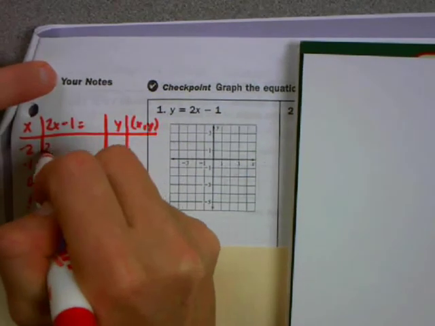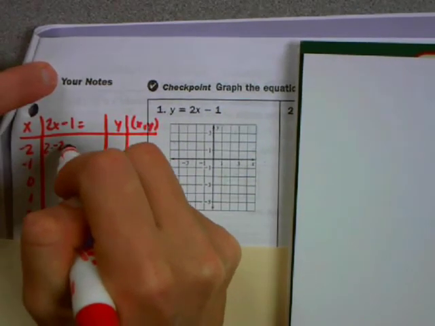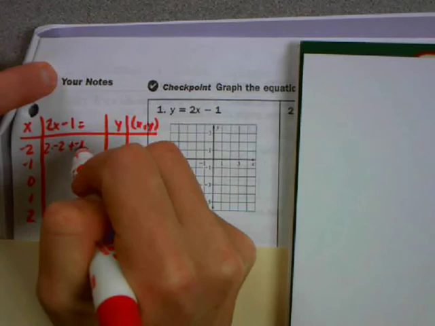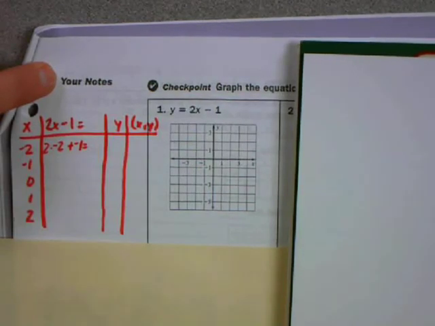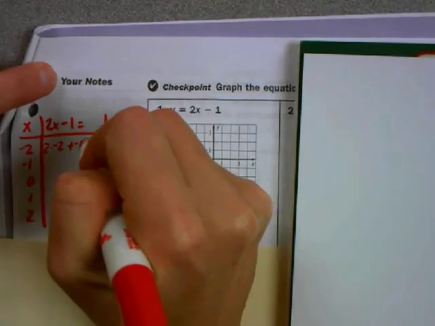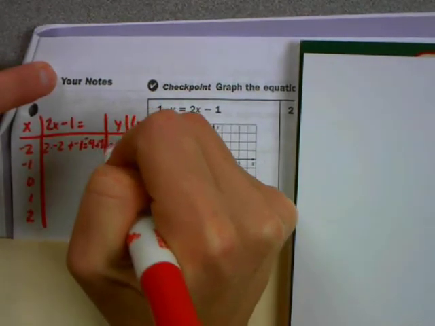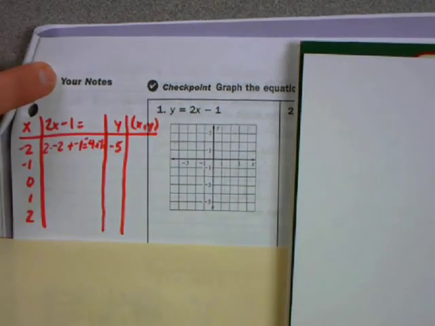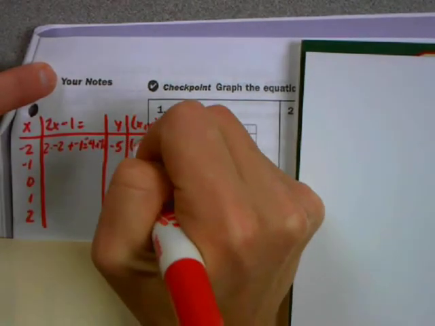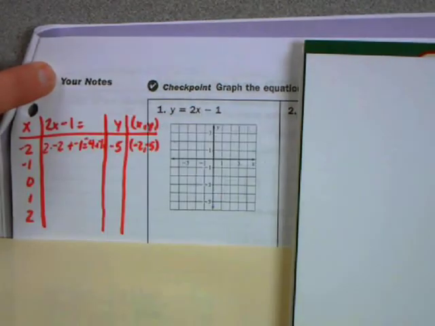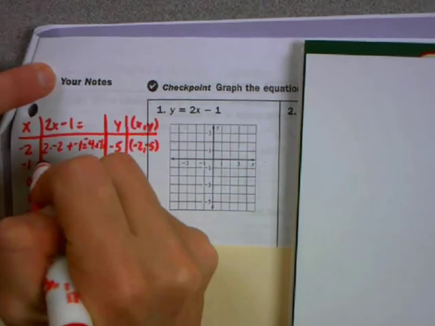So I plug in those numbers, 2 times -2 minus 1, and you can make it plus -1 if you would prefer. So 2 times -2 is -4, plus -1 is -5. So that goes in the third column, and my point is -2, -5. And then I'm going to continue that in my table.